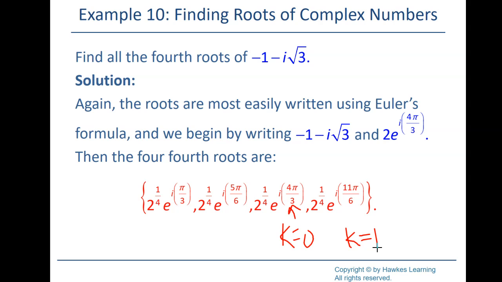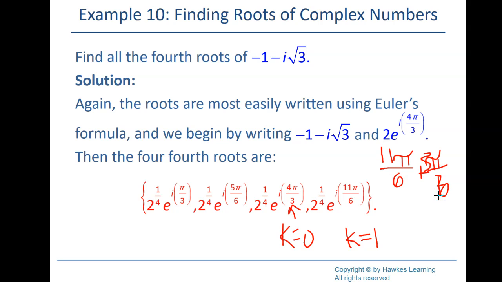Now if I add pi over 2 to 11 pi over 6, once again I get a common denominator, that's going to be 3 pi over 6 again.